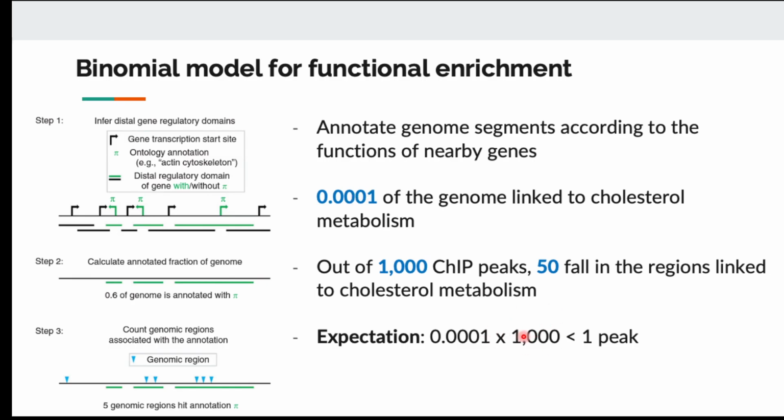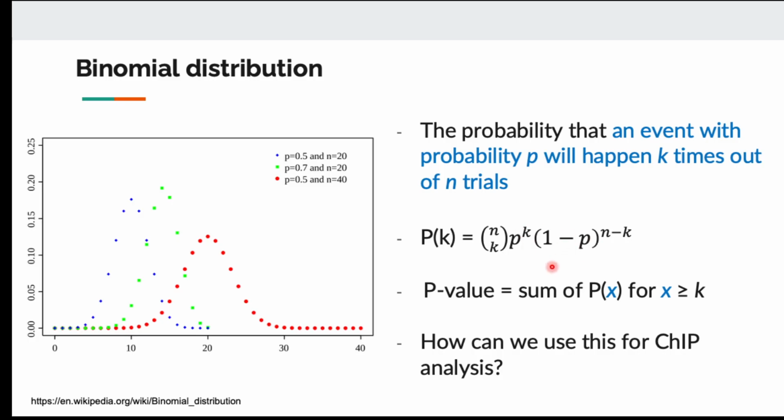If you throw 1,000 darts, and each dart has a 0.0001 chance of hitting cholesterol metabolism, you expect less than one dart to hit that region, because this times 1,000 is still less than one. But the fact that you see 50 means that you have a very large enrichment of your peaks toward cholesterol metabolism. And you can quantify the probability using the binomial distribution.